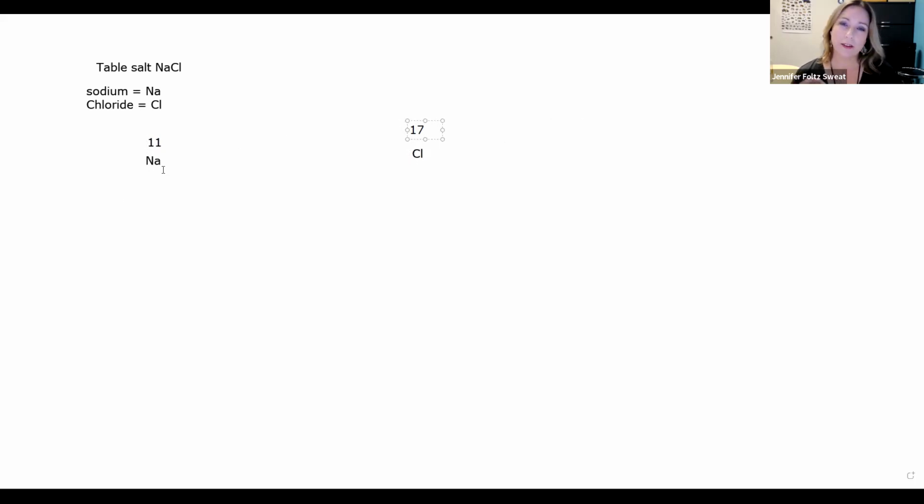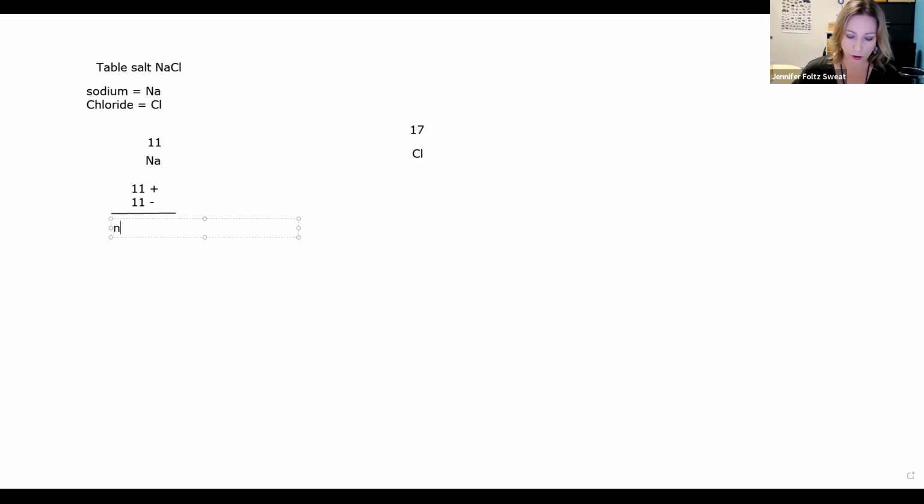Remember that in a stable atom or a neutral atom, the number of protons equals the number of electrons. So for sodium, you have 11 positive charges and 11 negative charges, which means that you have a neutral atom, no charge. They cancel each other out.